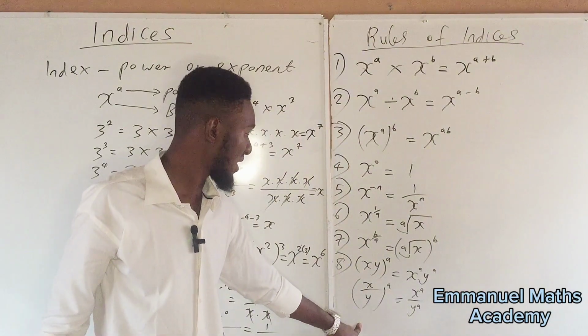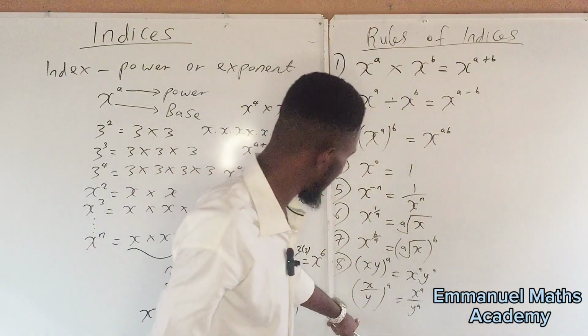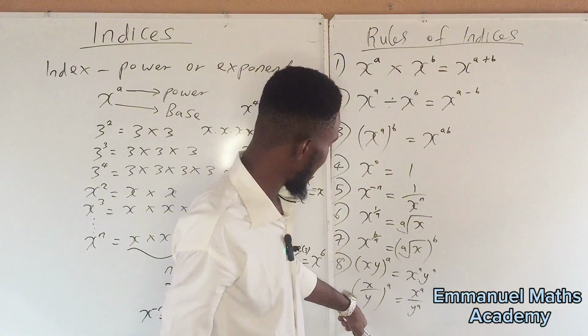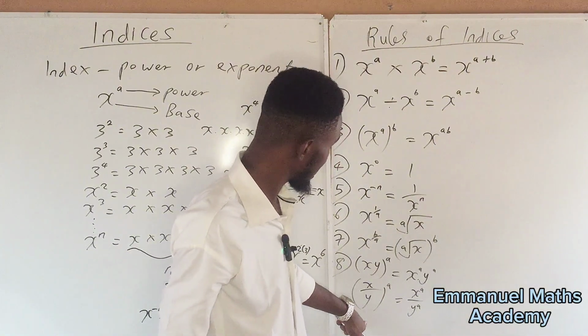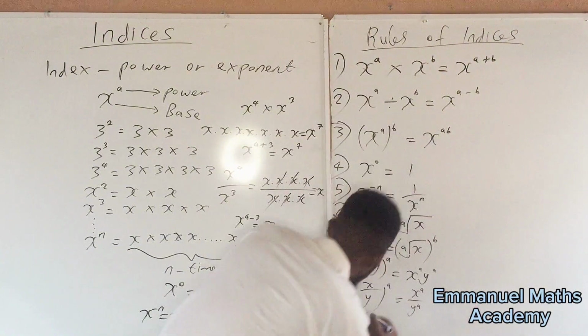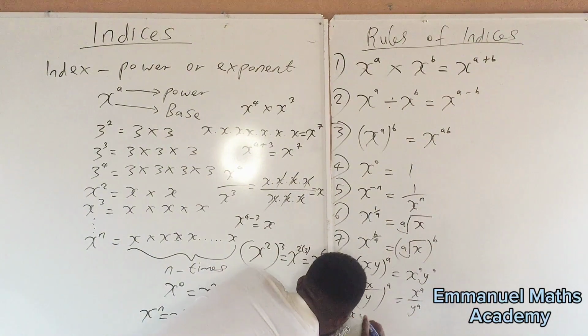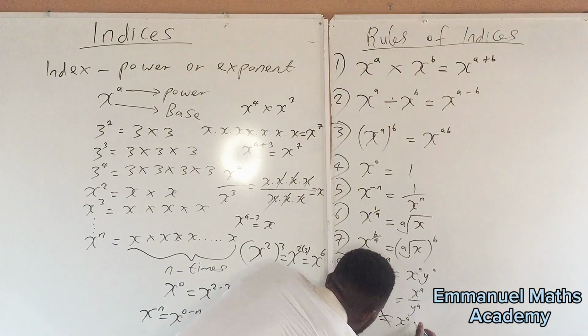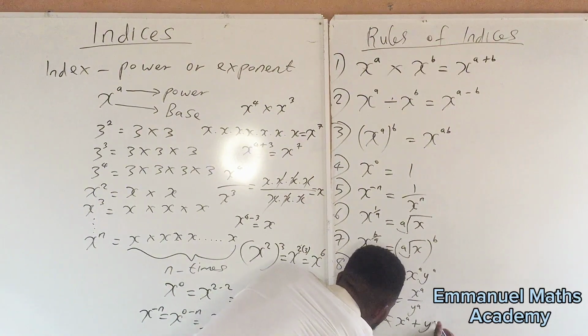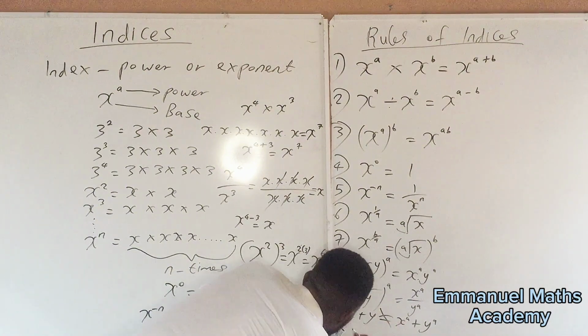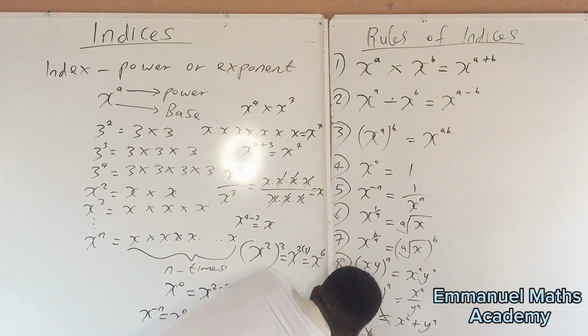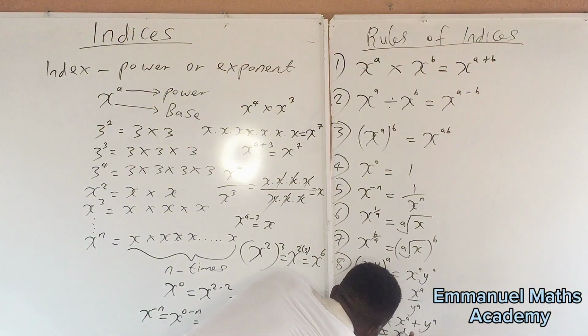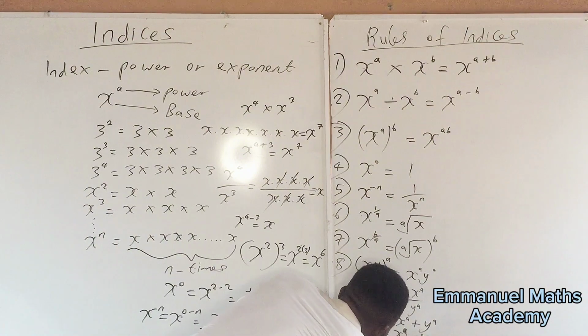But this is not the case with addition: if you have x plus y all power a, it is not the same thing as x power a plus y power a. And with subtraction, it is also not the same thing, right?